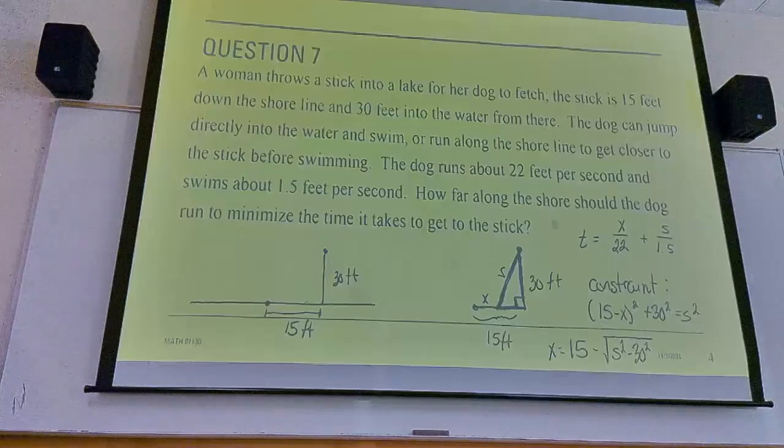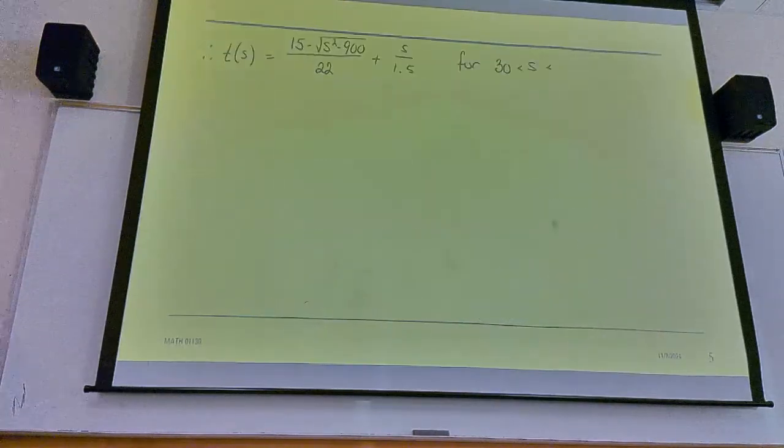Square root of 15 squared plus 30 squared, which is 15 root 5.